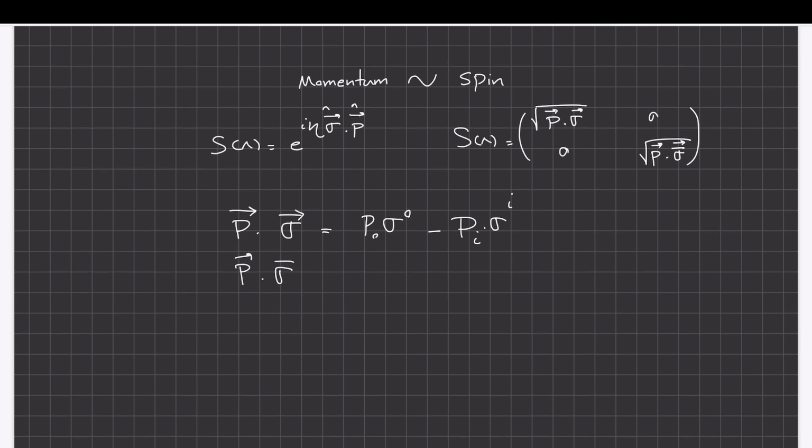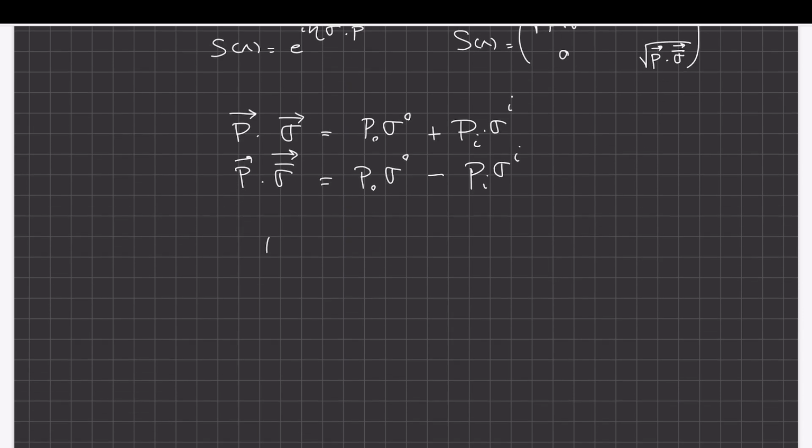And P dot sigma bar is P0 sigma 0 plus P vector dot sigma vector. Actually, I think that's the opposite. Sorry. That's the opposite. So the upper one is plus and the lower one is the minus. So sigma bar, something that has a minus sign inside of that.